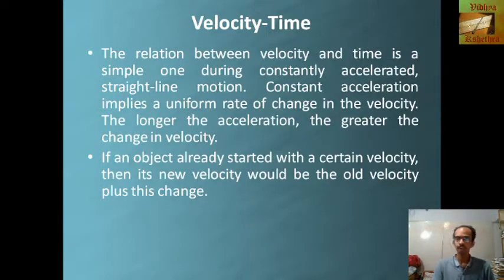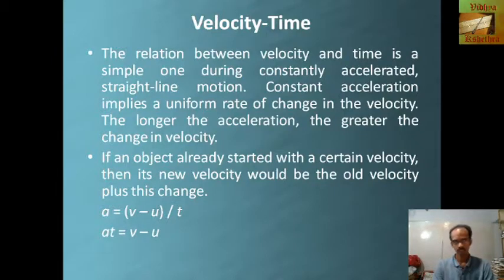If an object already started with a certain velocity, then its new velocity would be the old velocity plus this change. Hence we can say that final velocity minus initial velocity divided by time is equal to acceleration. That's the formula for acceleration.